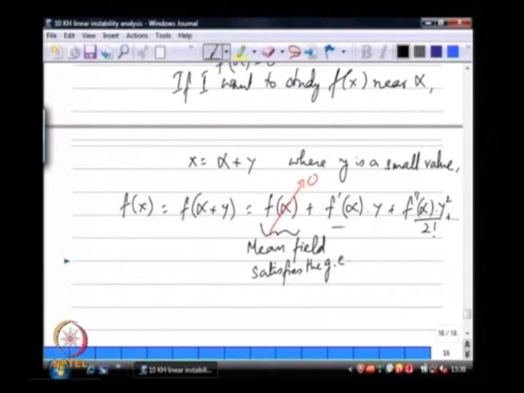So, essentially f of x can be replaced by f prime alpha times y, which is a linearized form, where the function has been linearized in the neighborhood of alpha. This is exactly what we have done.